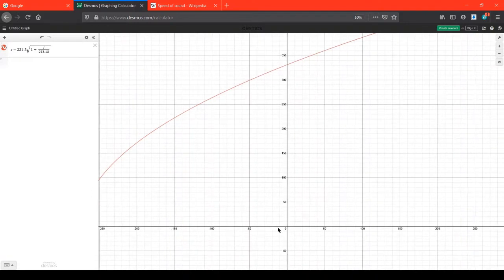Now, just out of interest, when it's 0 degrees Celsius, what would the speed of sound be? I'll just click that there. When it's 0 degrees Celsius, the speed of sound is 331.3 meters per second. Let's try something else.